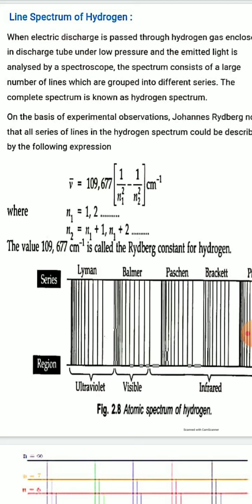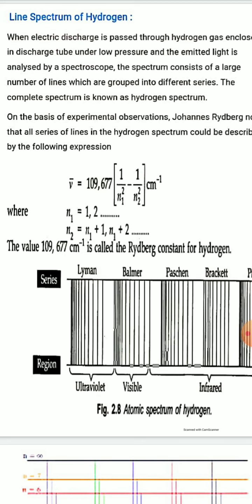When the hydrogen atoms radiate the energy, you will get a spectrum of hydrogen. When you pass this radiated light through a prism, you will get the line spectrum of hydrogen.